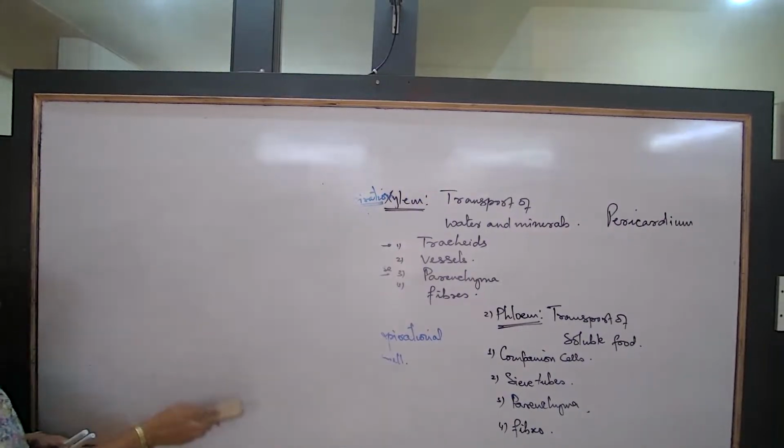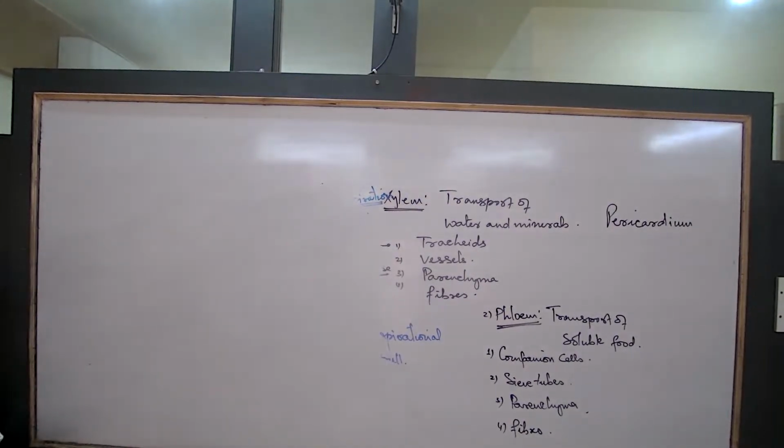Now transportation in plants, that you understand. Those of you who have the textbook, is there any figure given? Just check. I don't remember. In the volume, I don't think we have included any figure. Take out your textbook. Just check if there's any figure there.